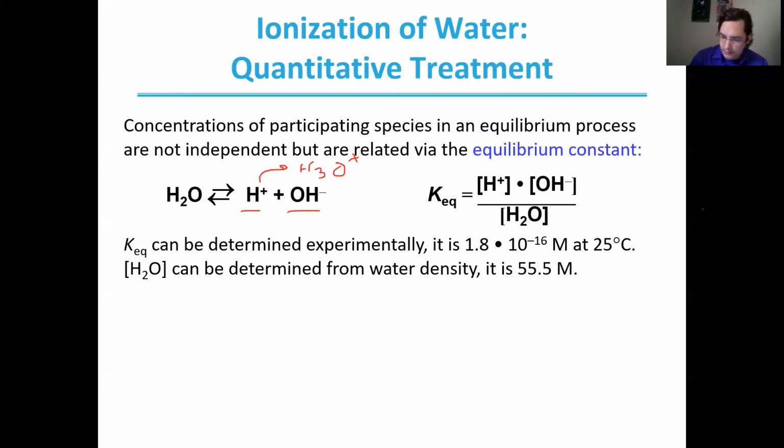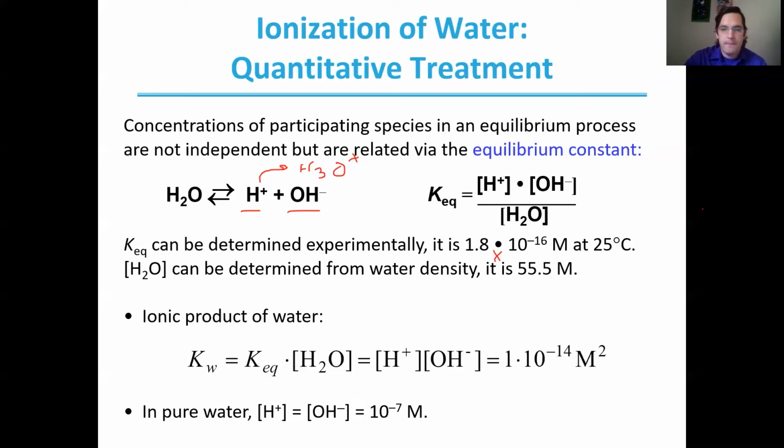So if we take our 55.5 and multiply it by 1.8 times 10 to the negative 16th, we get the ion product of water, which we abbreviate as our Kw. So the ion product of water is 1 times 10 to the negative 14th. And this is the quantity that we will usually use rather than the equilibrium constant value that I showed above.